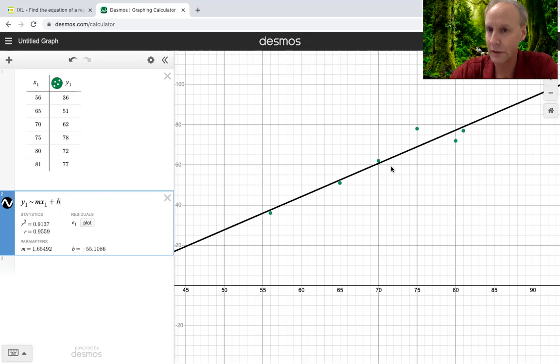Very, very strong positive correlation. 1 is the strongest correlation you can have. If it were going down, we would be looking at negative 0.9559. But it's going up, so you can think of it like a 95% correlation.